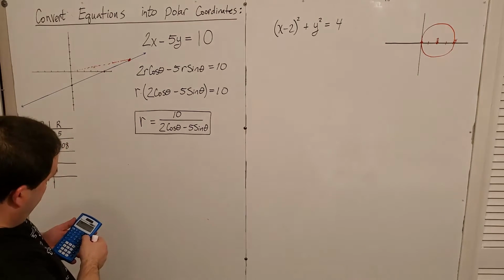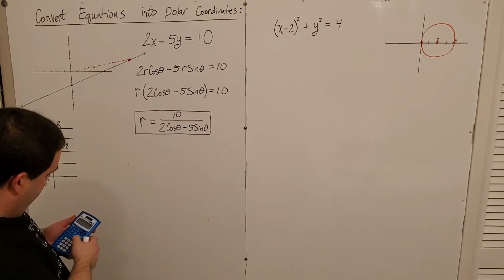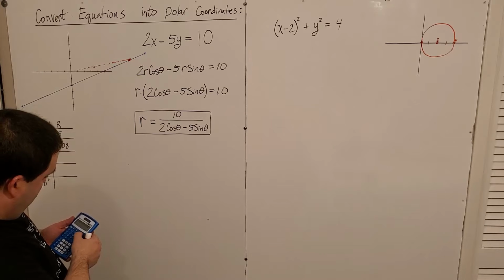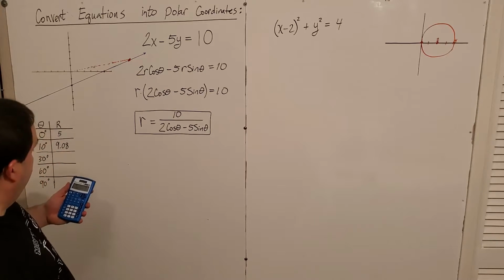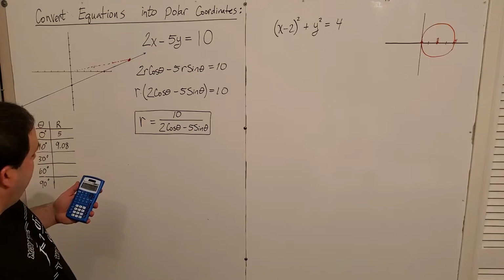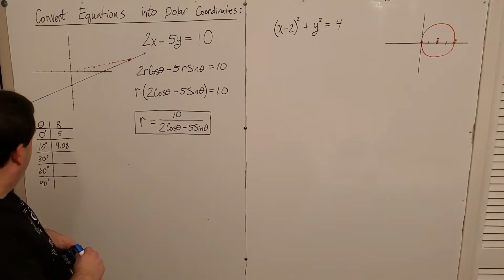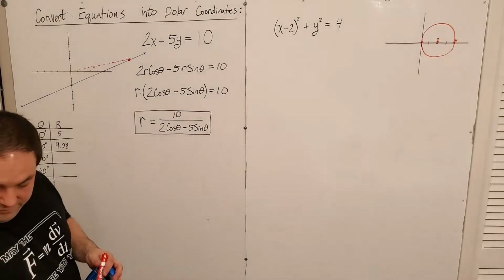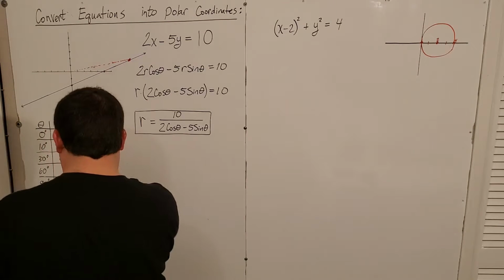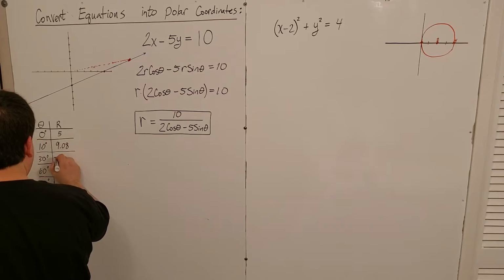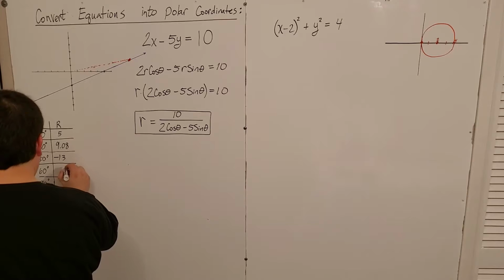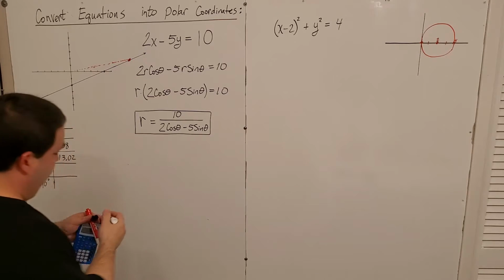If I do the same thing, but I put in 30, I get negative 13. What happened? I'm getting a negative number here for this answer. Right?